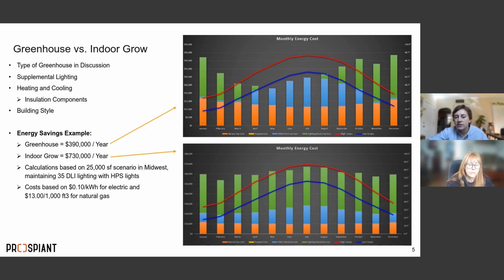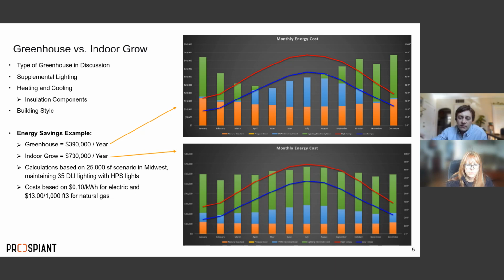If you look hard enough, you can see that the greenhouse has higher HVAC electrical costs. A greenhouse roof doesn't have the insulation that an indoor grow has, so you lose more heat through that roof. But during the summertime, you also have more solar heat gain coming in, so you have to provide more cooling in a greenhouse than you would for an indoor grow.